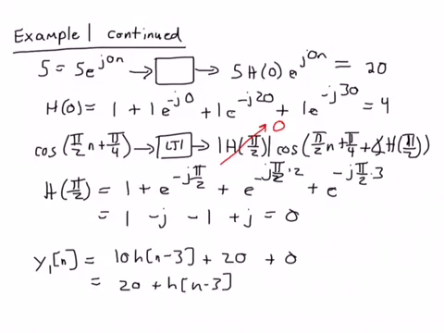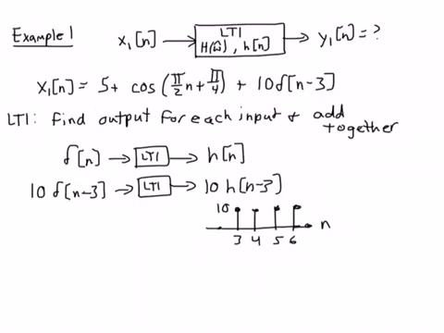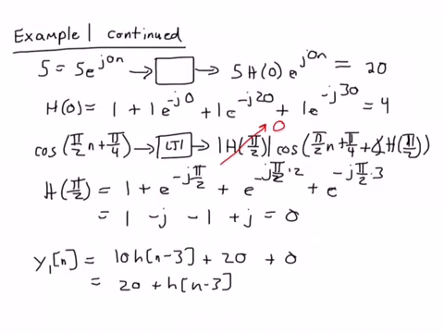So this was a pretty straightforward question to solve. We were solving for the output when the input is equal to this, and we took advantage of the definition of the impulse response to solve for this piece, and we used the definition of the frequency response and what we know about that to solve for the output for each of these two pieces. Okay, so this is the answer to the first example.